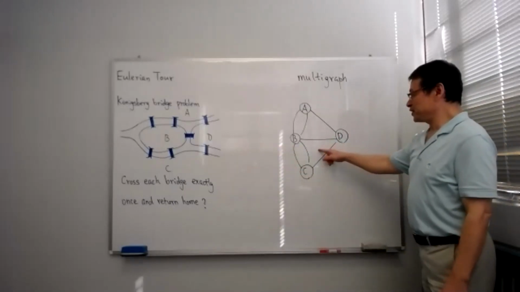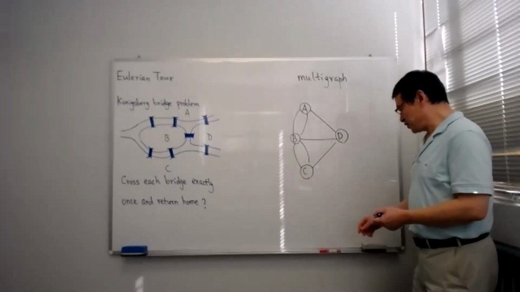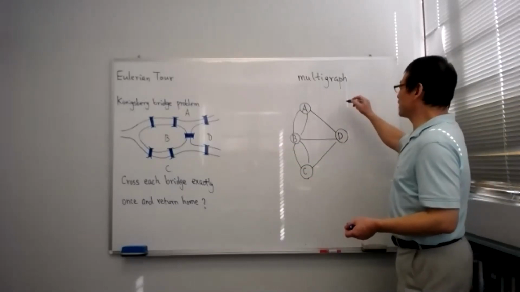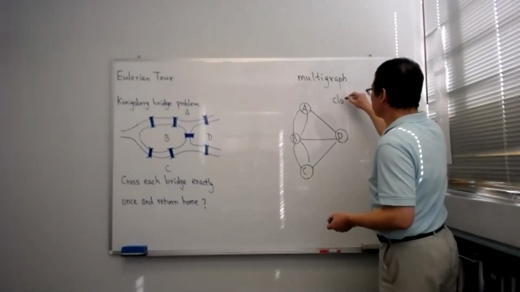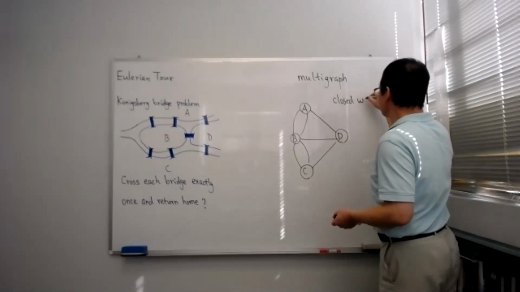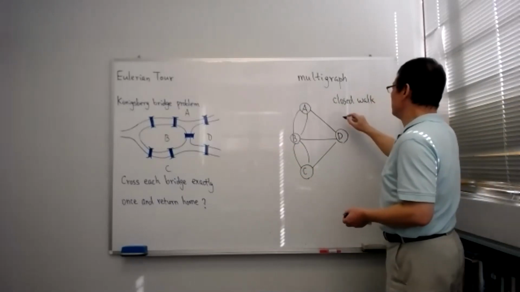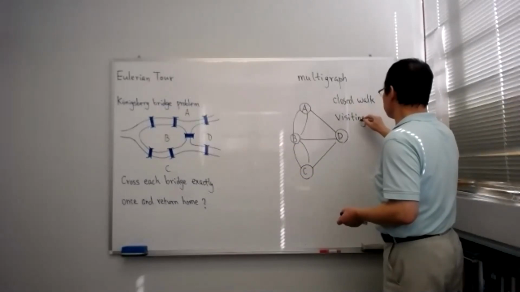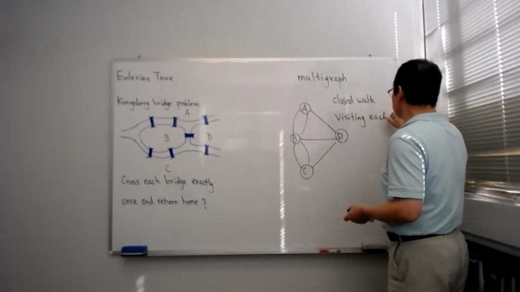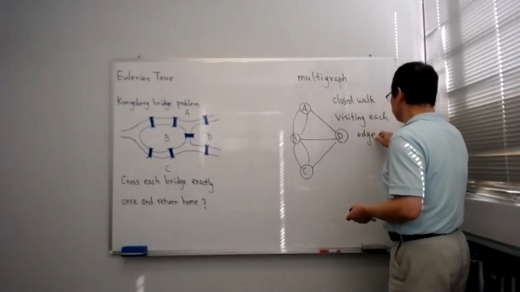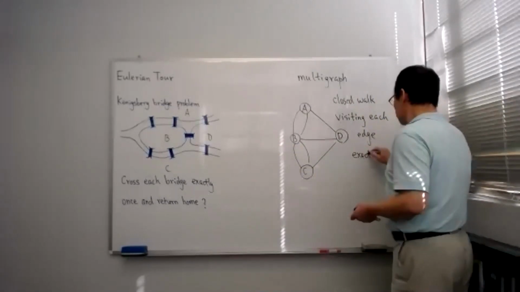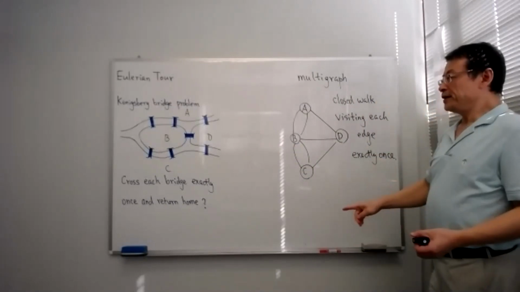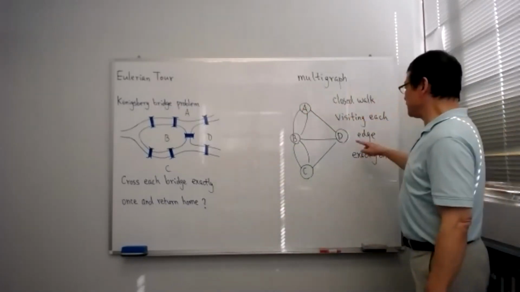So what's the problem for this graph? We're looking for a closed walk. In order to solve this puzzle, we need to find a closed walk.